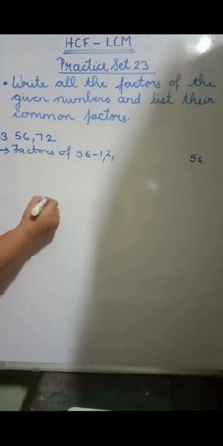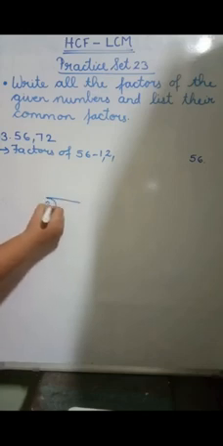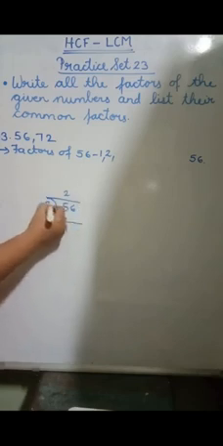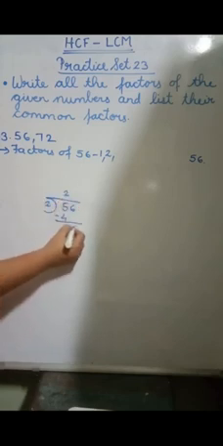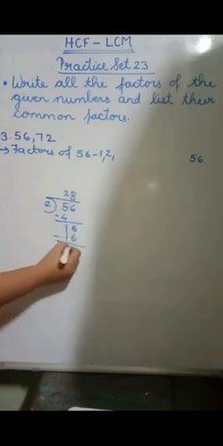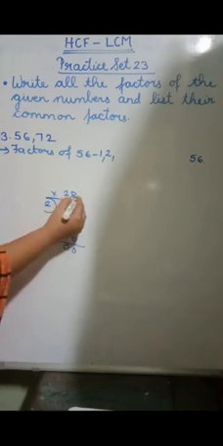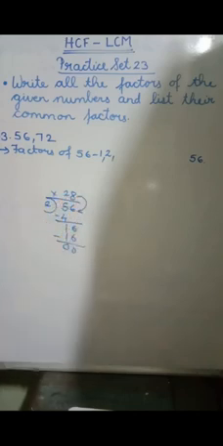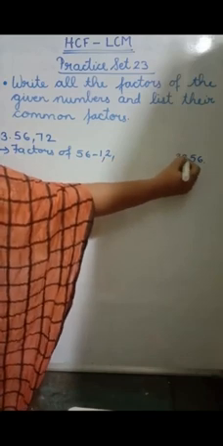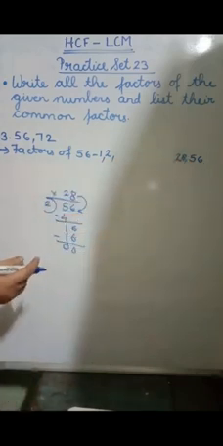If you don't know, children, go and do division in rough work. 56 divided by 2. 2 twos are 4. 1 is remaining. 6 take down. 2 eights are 16. Remainder is 0. So 2 multiplied by 28 will give us 56. So 2 and 28.